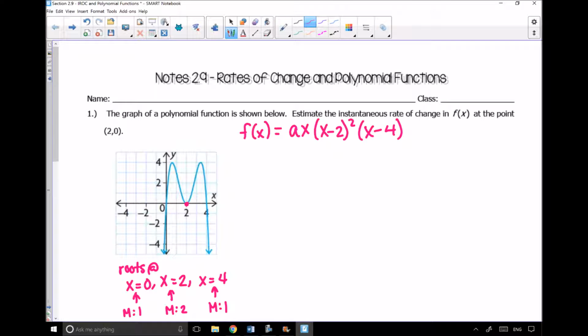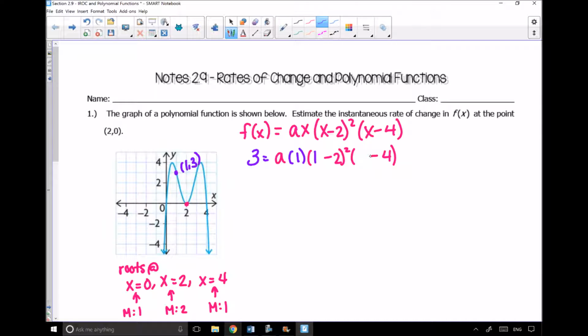Okay, and then I'm going to go ahead and evaluate and figure out what my a value is going to be right here. Now, in order to calculate what my a value is, I need to choose a coordinate on my graph. So I know that (1, 3) is a point on my graph, so I'm going to plug in that information. So 3 equals a times 1 times (1 minus 2) squared times (1 minus 4).